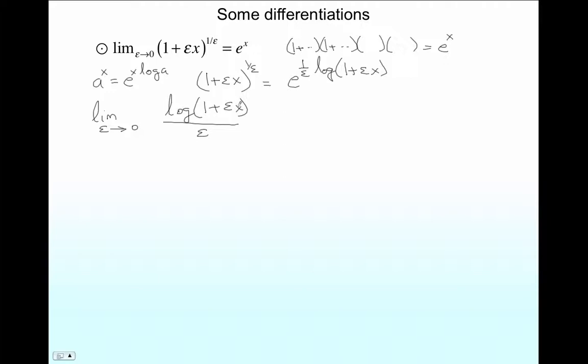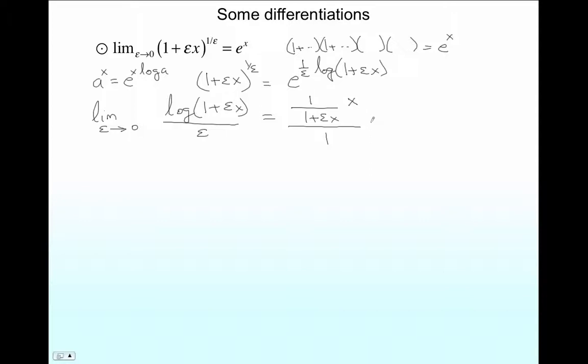So the numerator is going to 0, the denominator is going to 0. Let's differentiate the numerator. If we differentiate the numerator, that becomes 1 over 1 plus epsilon x. But remember, we've got to differentiate the numerator with respect to epsilon, not x. And so we get x as well. If we differentiate the denominator, we get 1.